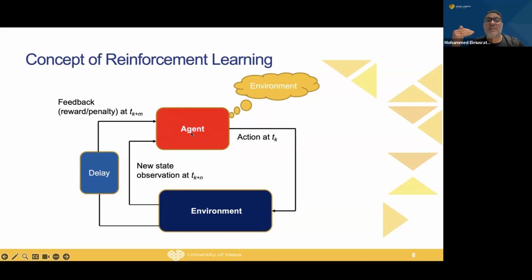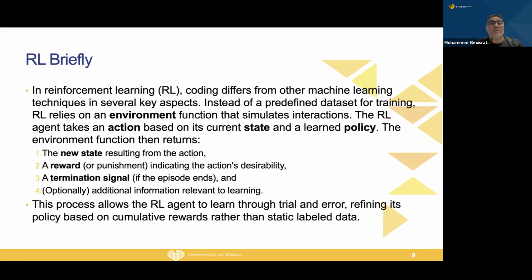However, the agent needs some motivation to take certain actions. Because of that, even if the reward is delayed, we can build the algorithm to estimate a cumulative reward, as we will see soon. Okay, so this is reinforcement learning briefly.